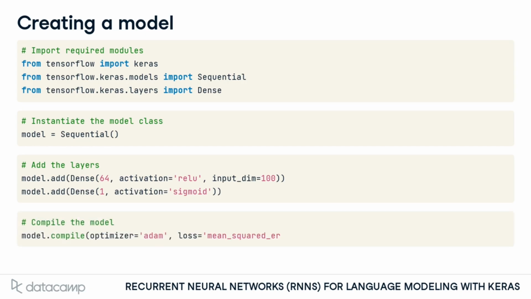Finally, we can compile the model by executing the compile method of the class. We pass the string 'adam' to the optimizer parameter, the string 'mean_squared_error' to loss, and a single element list containing the string 'accuracy' to the metrics parameter.